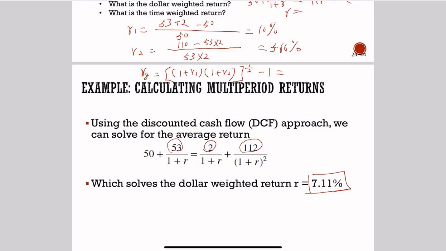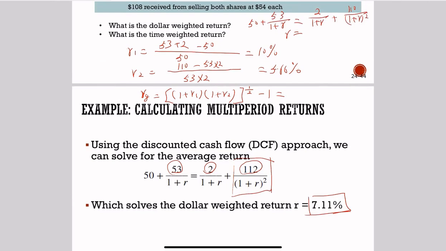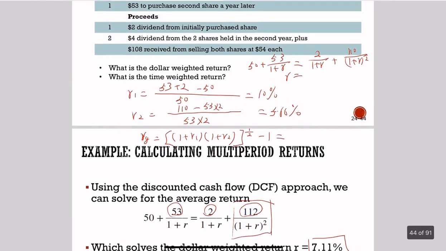And you can see that the second period has a larger weight because you have a number of 112 here, right?